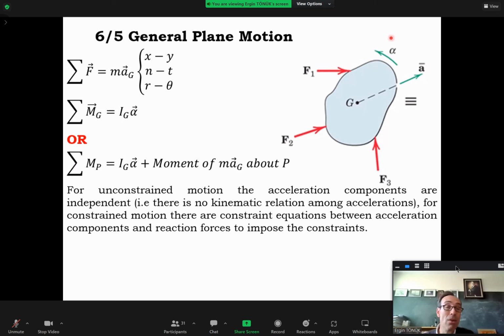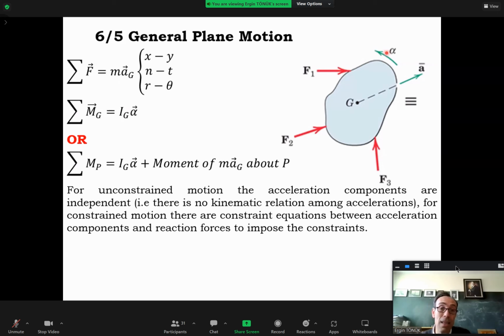But if you have a constrained motion, you will also have reaction forces. The sum of those forces, which are the external forces plus the reaction forces, will force a_G and alpha to obey the kinematic constraints. I'm going to solve problems about those, but we should be very careful to identify whether it's a constrained or unconstrained motion.